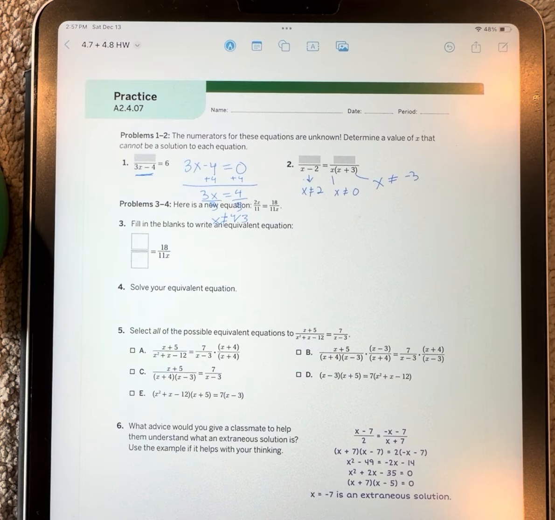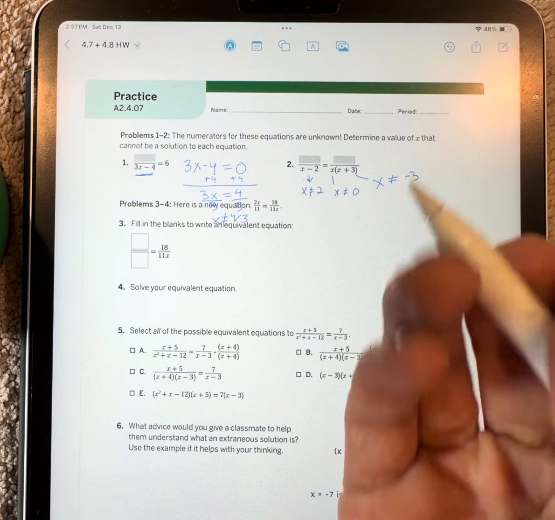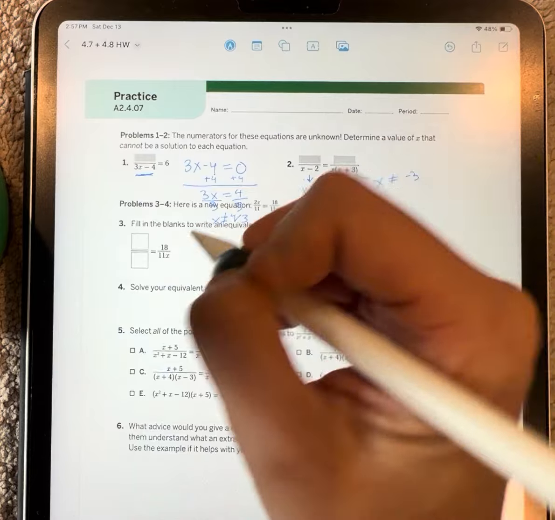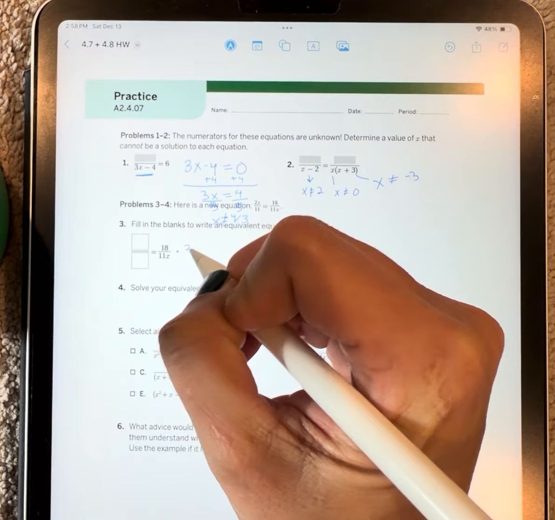Number 3, let's fill in the blanks to write an equivalent equation. 18 over 11x. Okay. A student asked, can I write 18 over 11x? Yeah, technically you could. You can also put anything else you want. Like multiply top and bottom by anything you want, like 2.